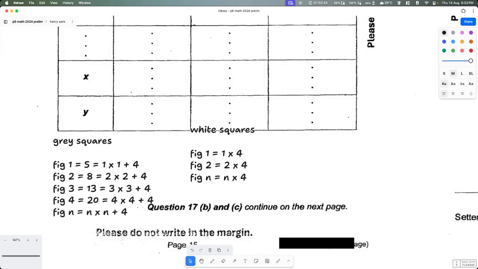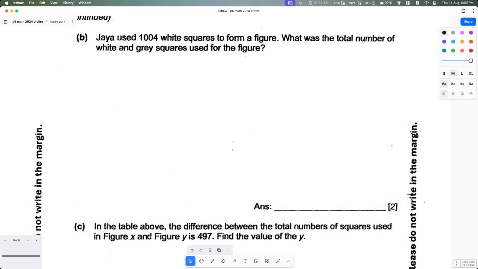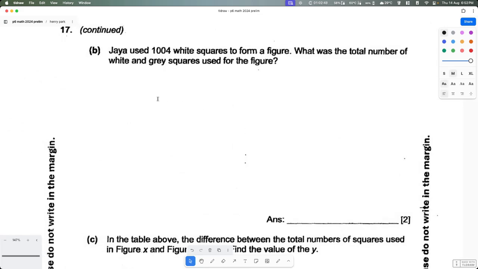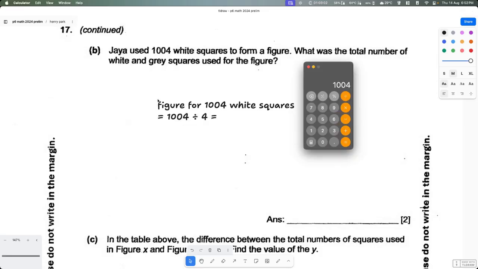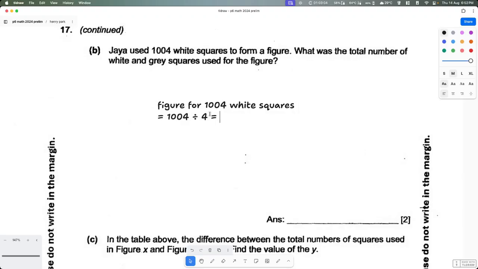Okay, all right. So with that said, let's move to this. Figure for 1004 white squares is equal to 1004 divided by 4. 1004 divided by 4 is 251.